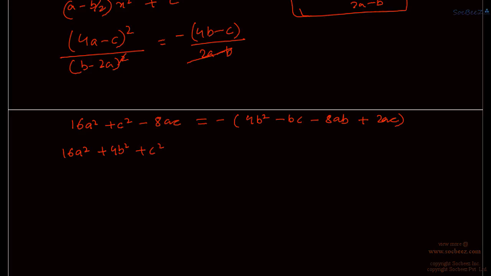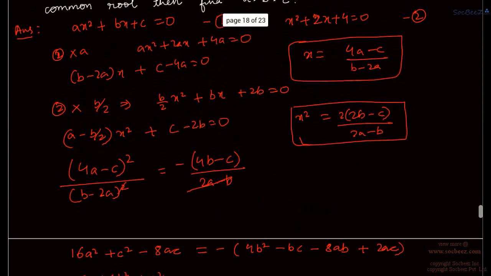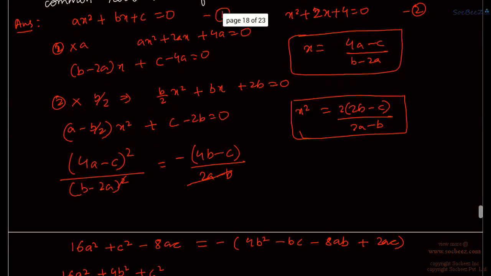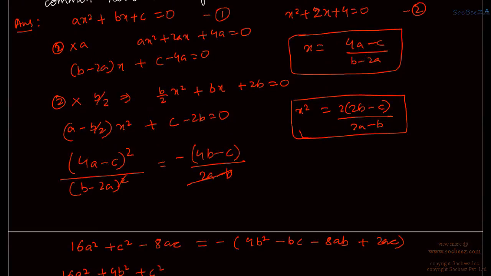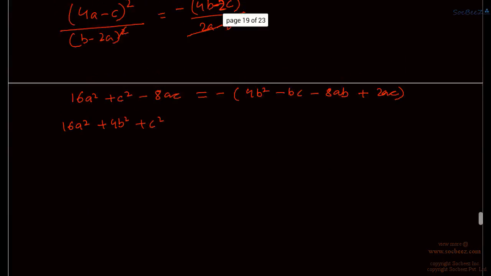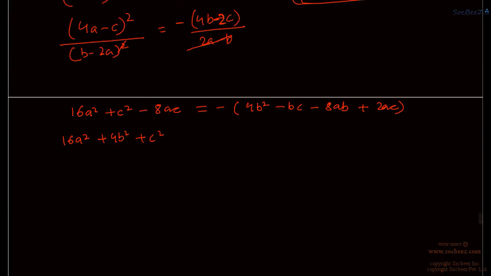just a second. I'm so sorry. This should be 4b minus 2c, right? This is 4b minus 2c. 2 is multiplied to both of them, right? So it's 4b minus 2c. Okay, so 4b minus 2c.